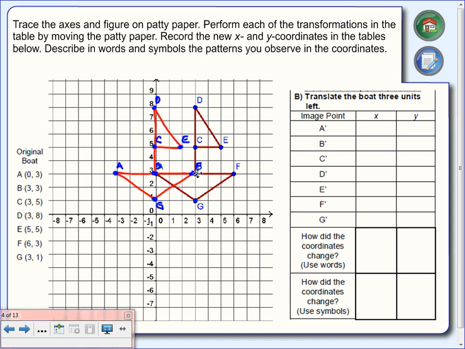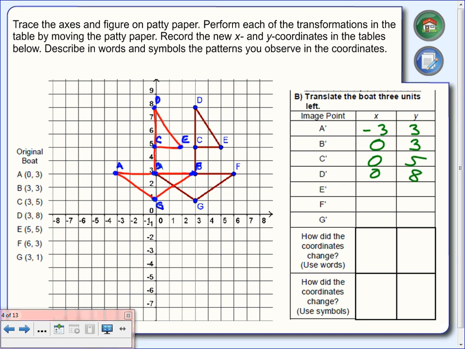Let's write those down. A. The new ordered pair for A is -3, 3. The new ordered pair for B is 0, 3. The new ordered pair for C is 0, 5. D is going to be 0, 8.